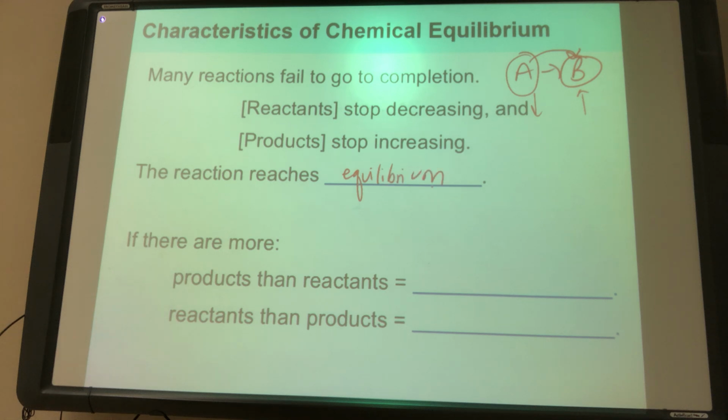When it reaches equilibrium, it balances out and stabilizes. That's what it means when a reaction doesn't go to completion.